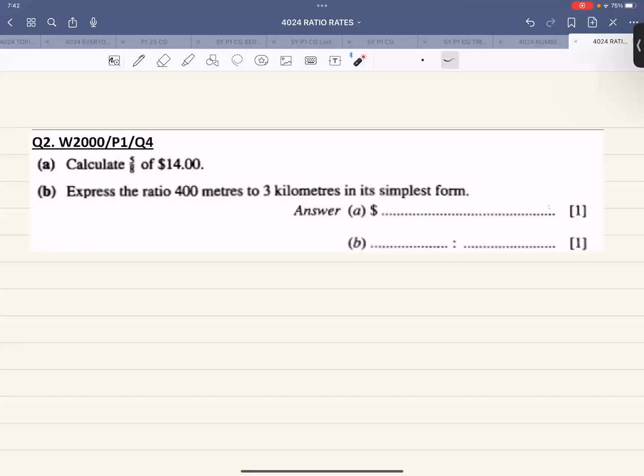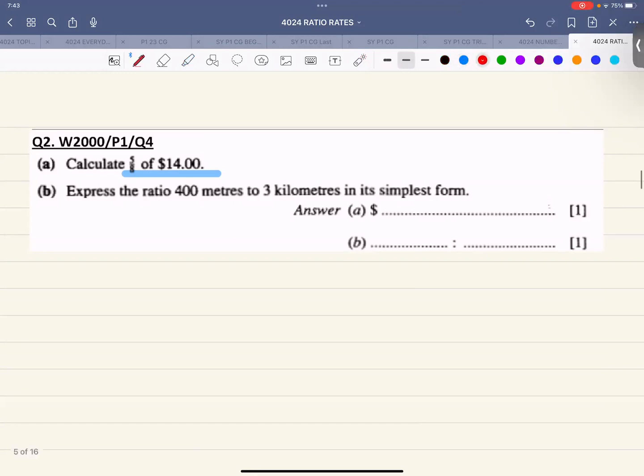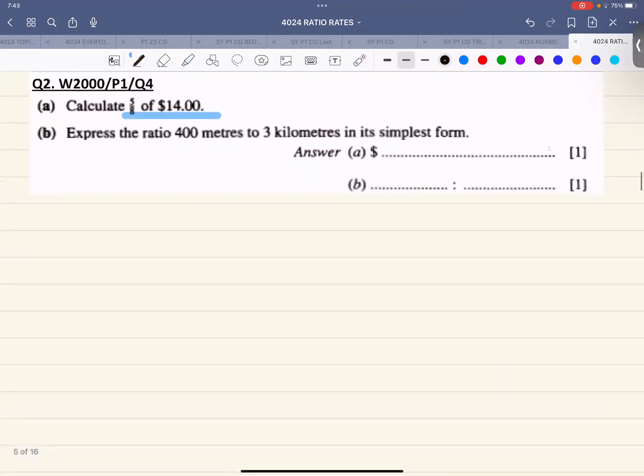Now, let's look at this question. The second question is calculate 5/8 of $14. So now, first of all, let me write part A. This is 5/8 of means multiplication, and $14 can simply be written as 14.